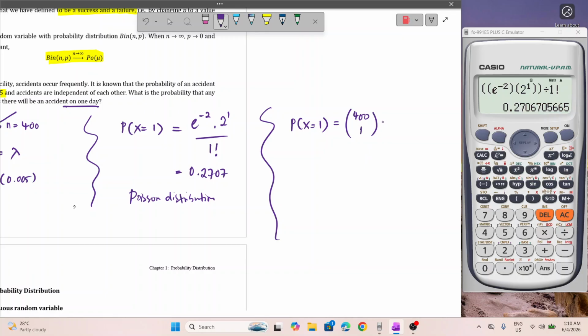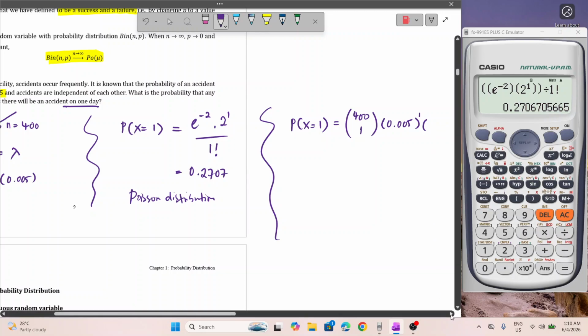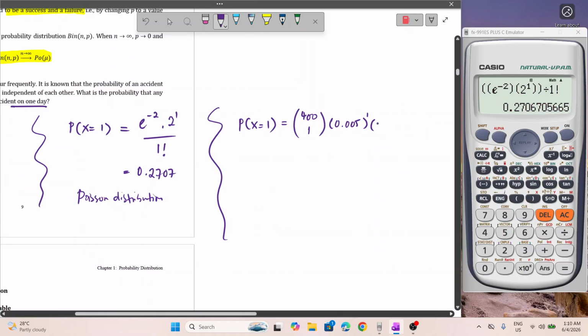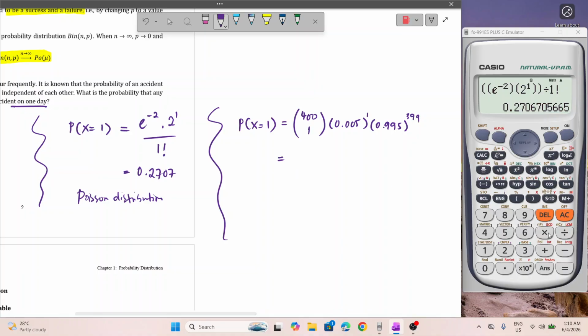The probability of success is 0.005 to the power of 1, and the probability of failure is 0.995 to the power of 399. So try solving this.